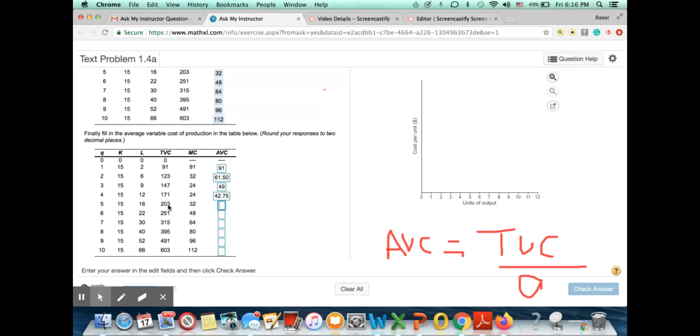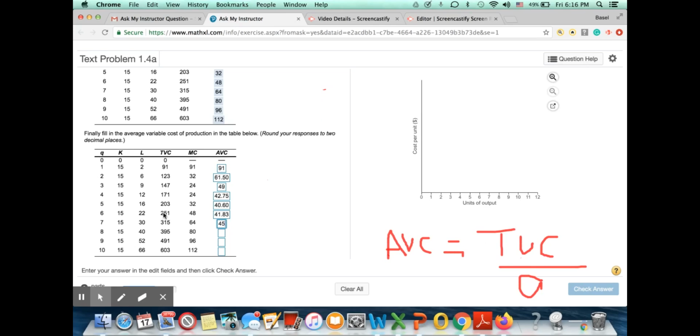203 divided by 5, 40.6. 251 divided by 6, I got 41.83 repeating, but we can write 41.83. 315 divided by 7, got 45.